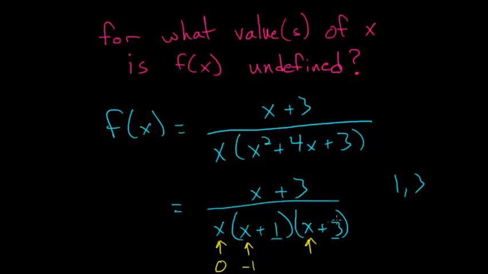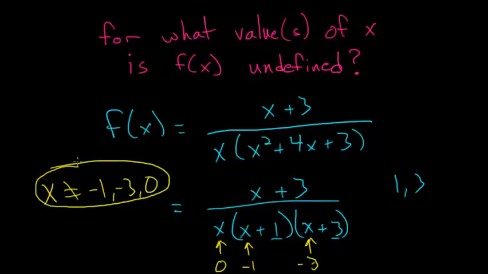And in this parentheses on the right, if x is negative 3, then it would make this entire denominator equal to 0. So in other words, f(x) is not defined for the numbers 0, negative 1, and negative 3. Or x can't be negative 1, negative 3, and 0. And this is our final solution.